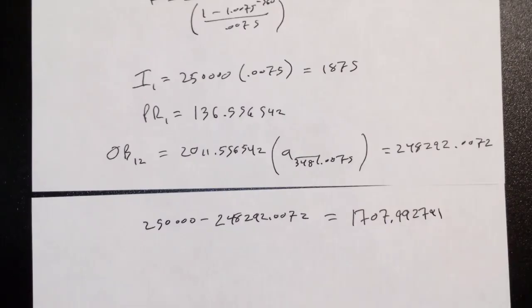You took out a loan for $250,000. At the end of a year's worth of payments at $2,000 each, you've paid down your loan by $1,700. The rest of the money went to interest.